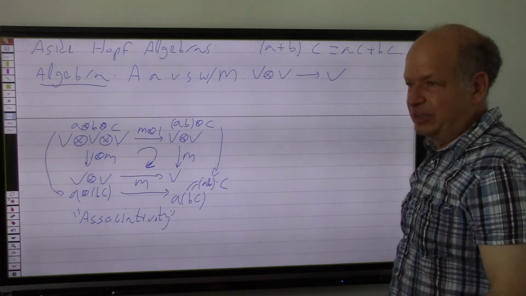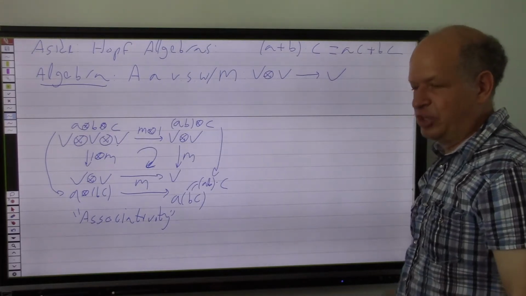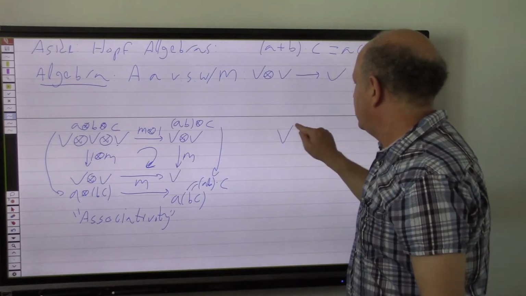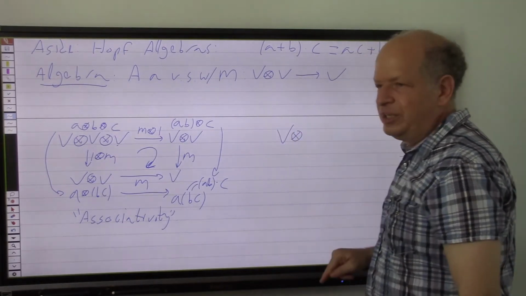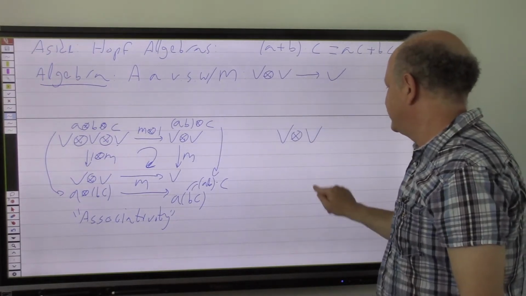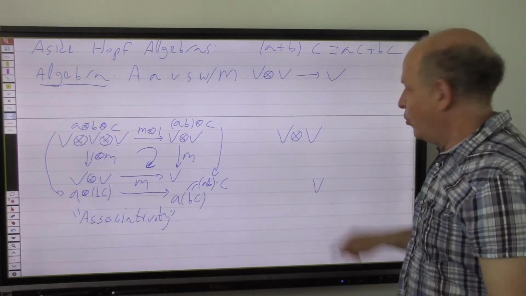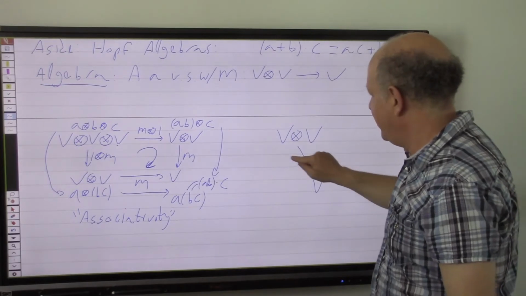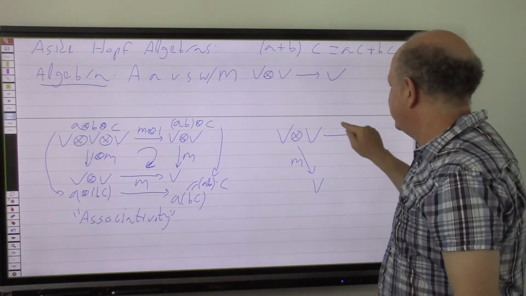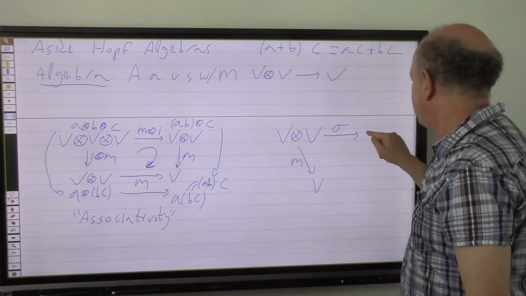By the way, there is also the commutative law. So what is the commutative law? You start from V tensor V, and there are two ways to go into V. One way is to multiply, and the other way is to swap the two tensor factors.